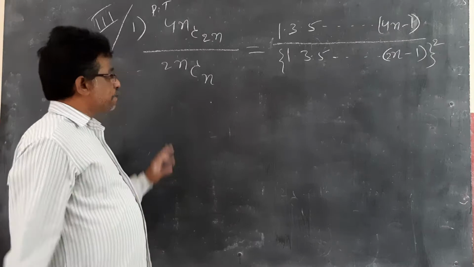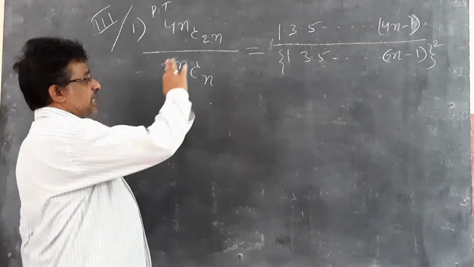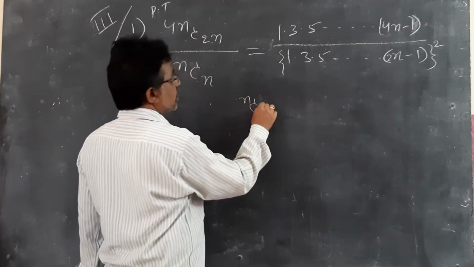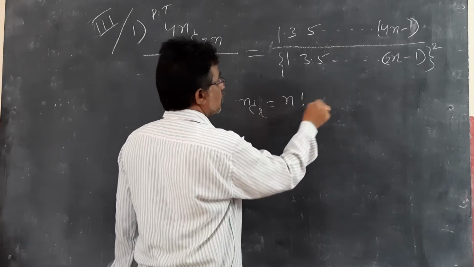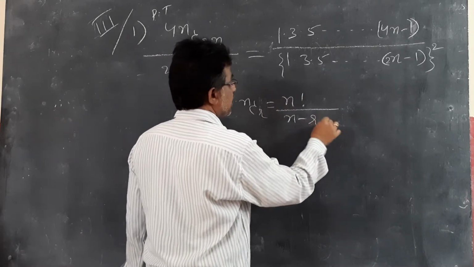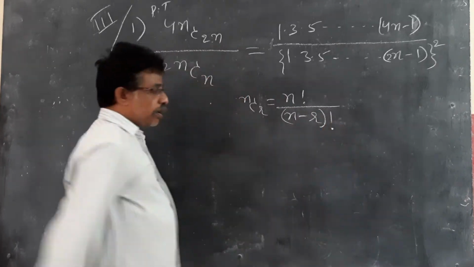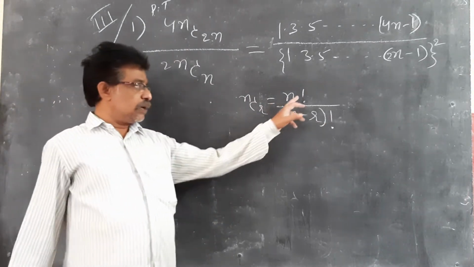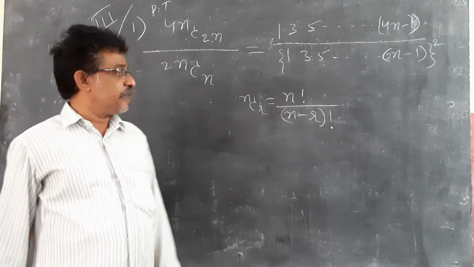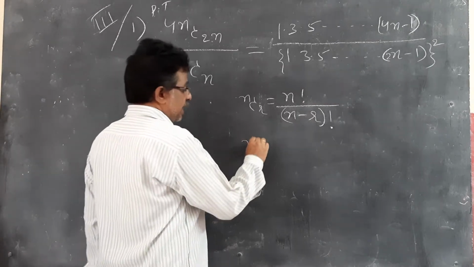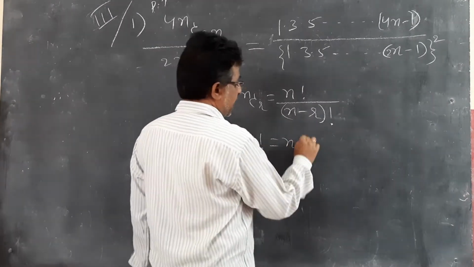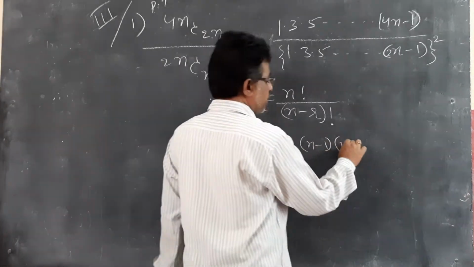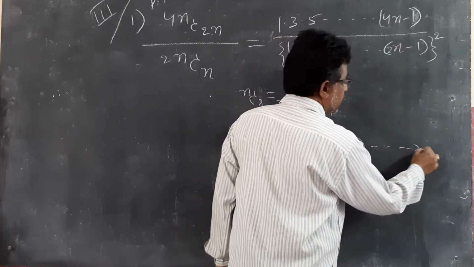Listen carefully. The formula I am using here is NCR equal to n factorial by n minus r factorial, and n factorial equal to n into n minus 1 into n minus 2 into till 3 into 2 into 1.